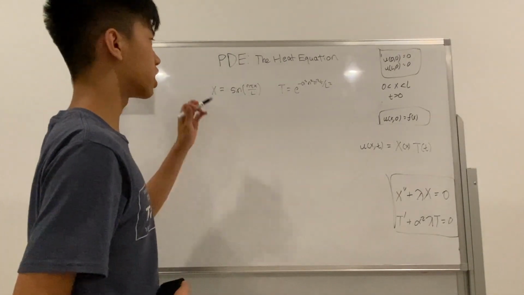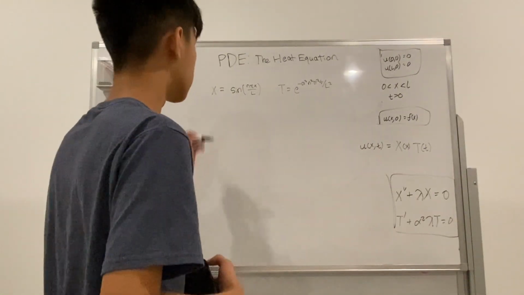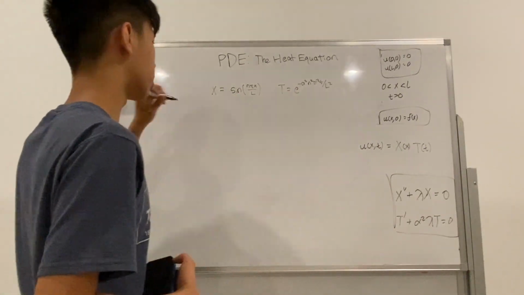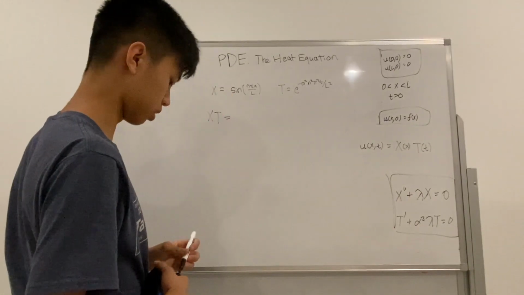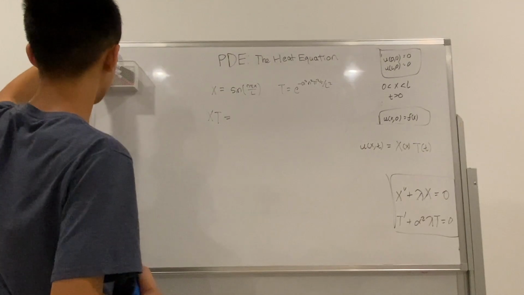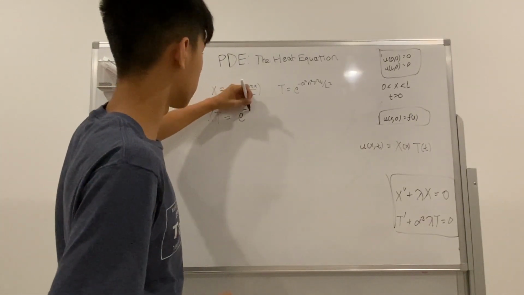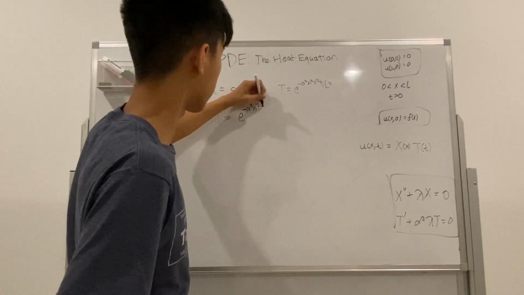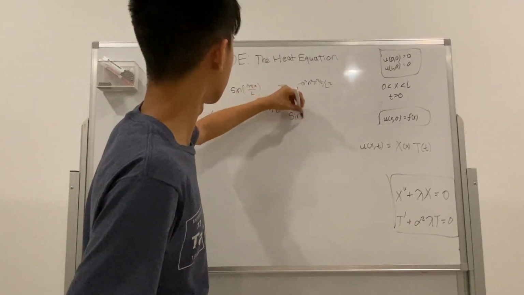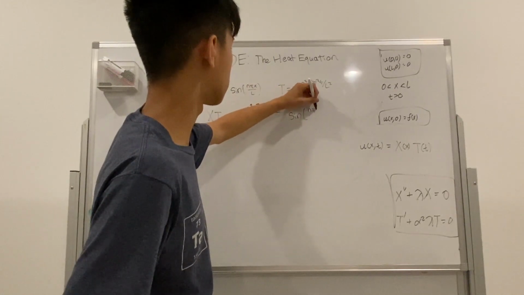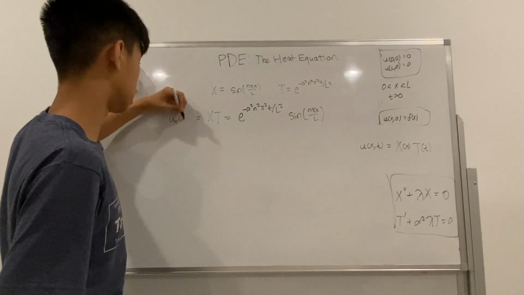Okay, now that we have our big X and our big T, in order to find u sub n, we can just multiply these two together. So now X times T is equal to e to the negative alpha squared n squared pi squared t over L squared times sine n pi x over L. This is equal to u n of x, t.